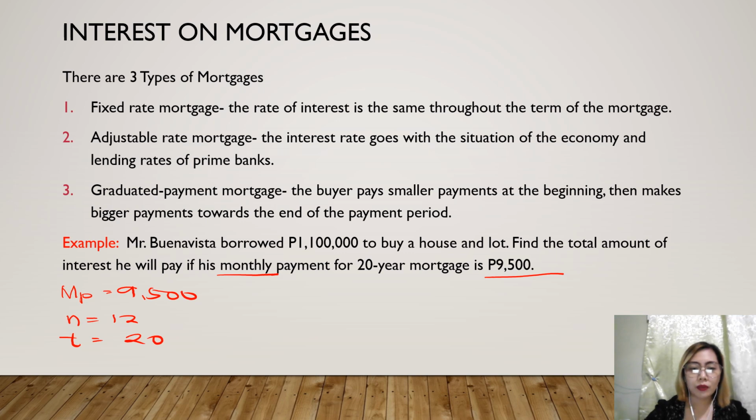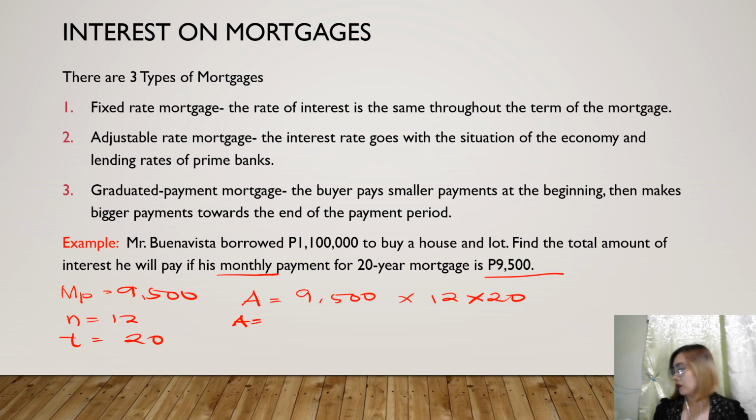Then, ano pa bang kulang natin dito? Ang tinatanong lang naman is find the total amount of interest. So, gusto nating malaman magkano ngayon yung babayaran ko in total, which is the total amortization. Okay, so kunin natin siya, 9,500 times 12 times 20 years. Then pag nakuha mo na yan, i-less natin yan doon sa amount na inutang natin sa bangko.